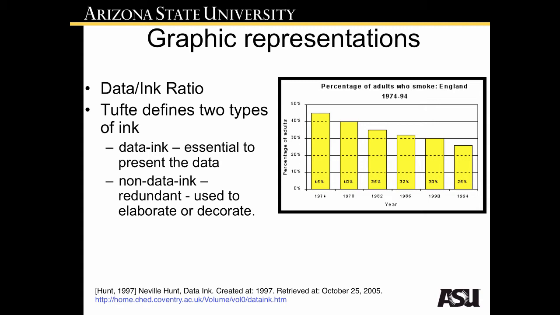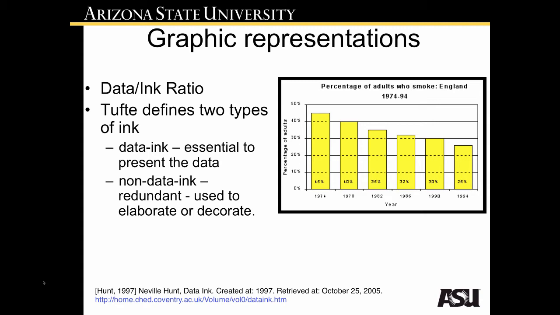This ink was absolutely essential to present the data. And then the kind he wanted to get rid of was non-data ink. That is, ink that was really redundant, or really just used to elaborate or decorate what the newspaper was showing. So here's an example of this.